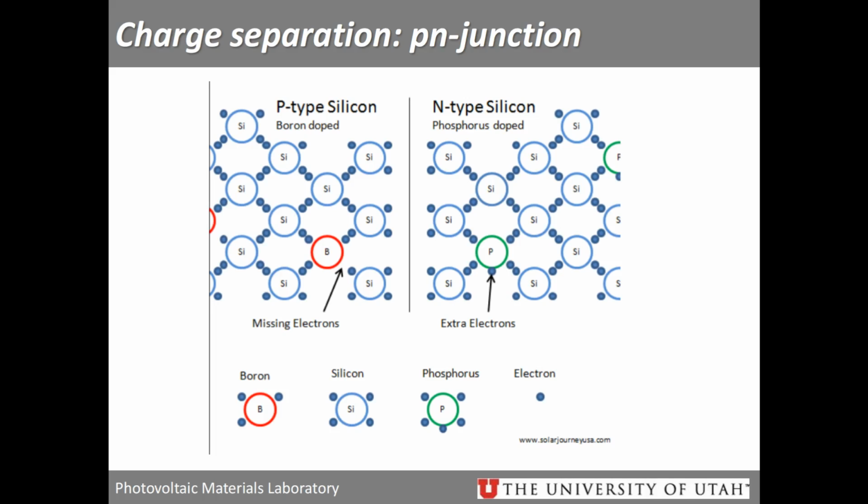So let's talk about semiconductors. One of the most widely used semiconductors is silicon. Silicon is everywhere. Now the point with this is, silicon has defects. What do I mean by a defect?